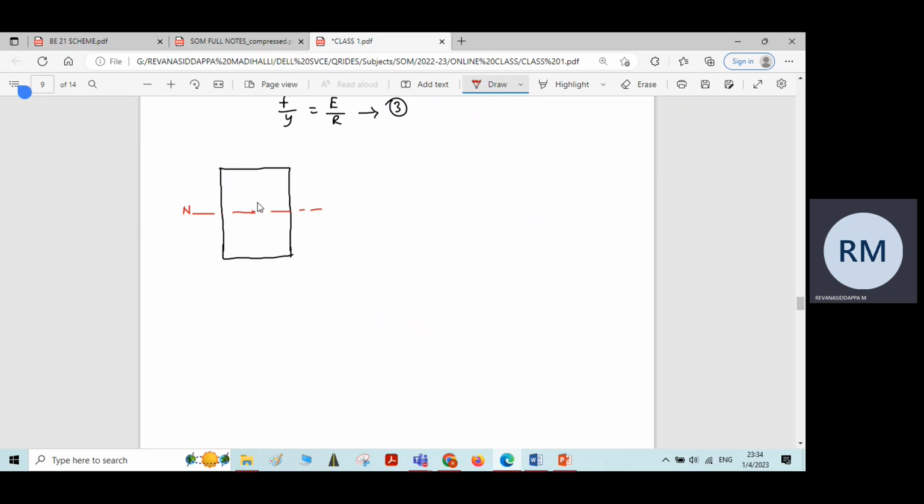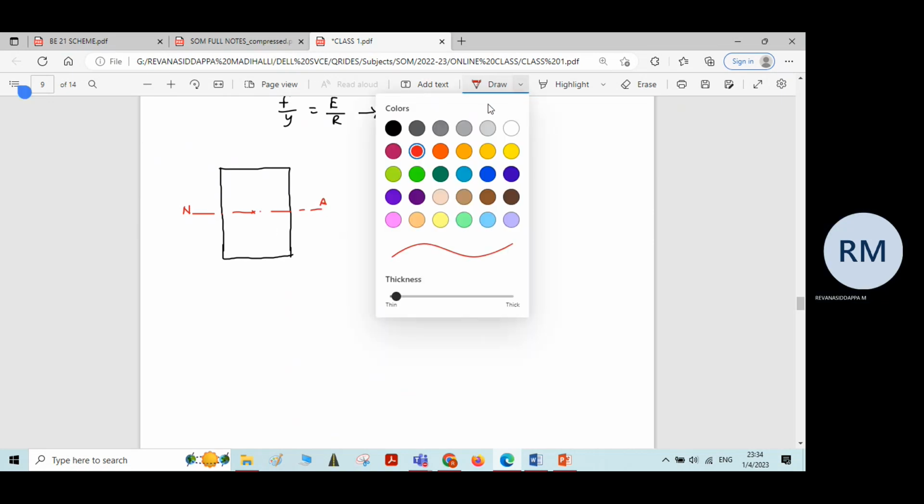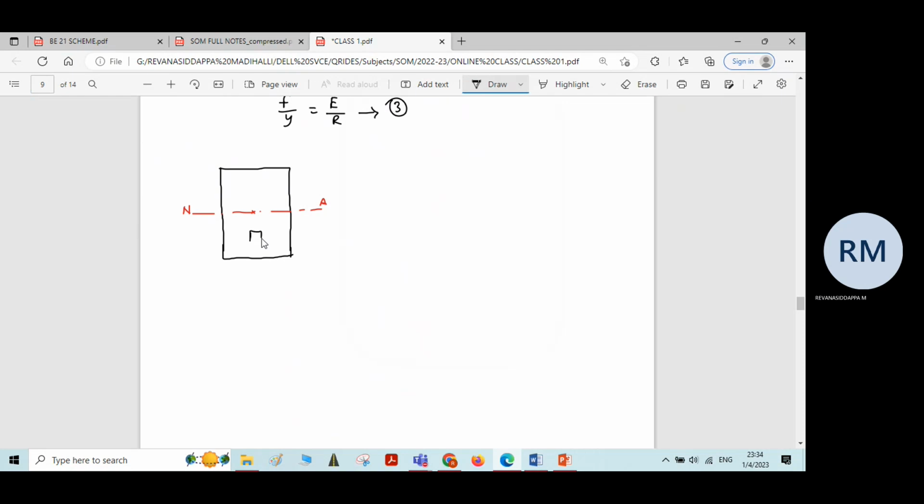This is the neutral axis. Now I'll consider an elemental area dA at a distance Y from the neutral axis.